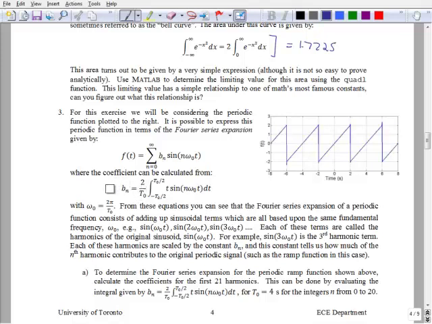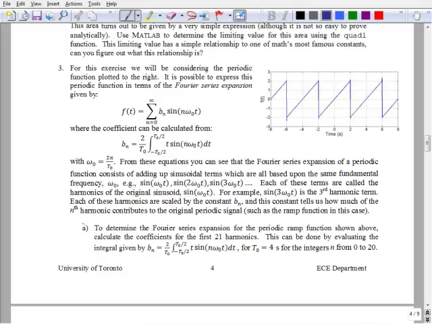So the first part asks you to find this Fourier series expansion, which means calculate these coefficients, b, for the first 21 harmonics. So basically n ranges from 0 to 20, and our fundamental frequency is related to the fundamental period T0, which is 4 seconds. So this is the period of the original periodic function f of t, and that's how we build up this Fourier series.